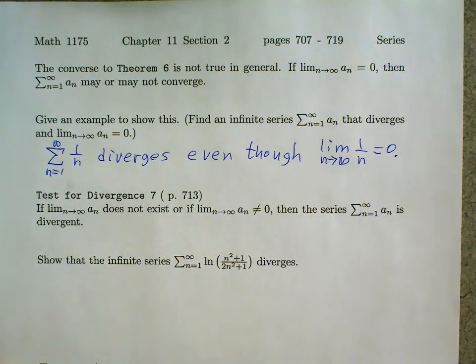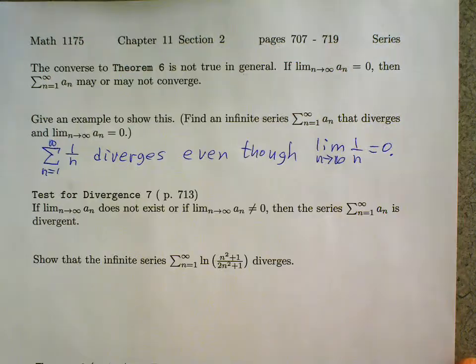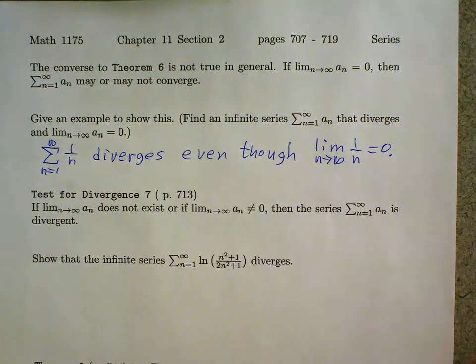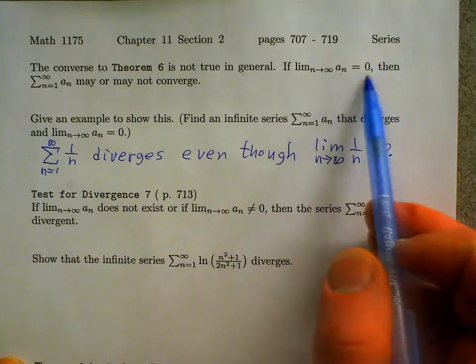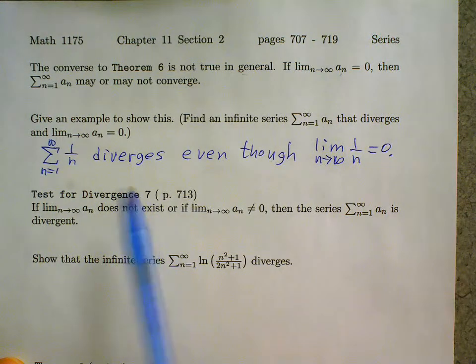So make sure that you don't make that mistake. Just because the sequence of the a sub n terms goes to 0 doesn't mean that the series is convergent.